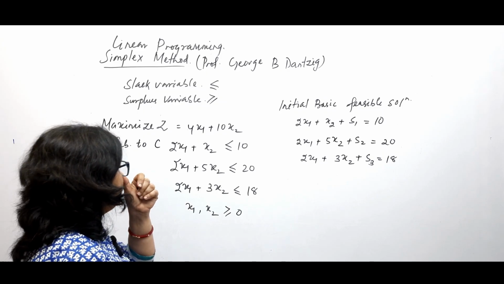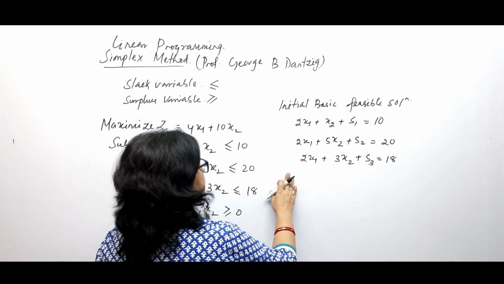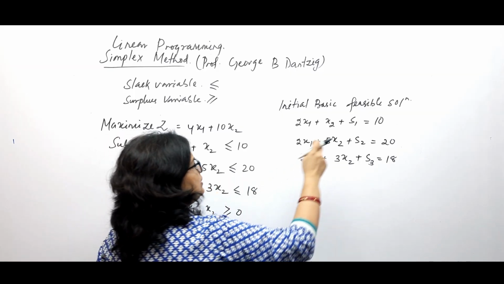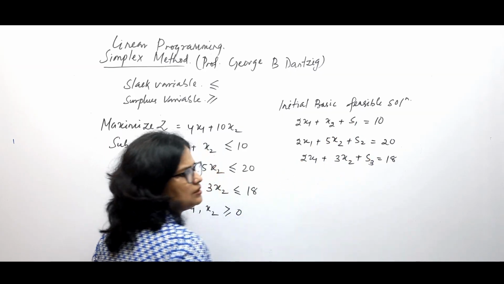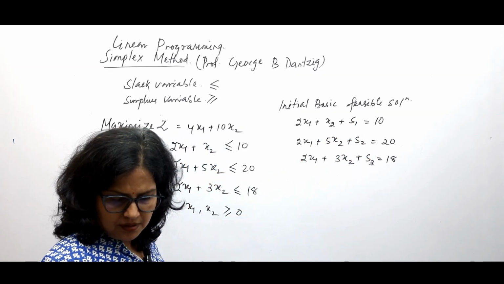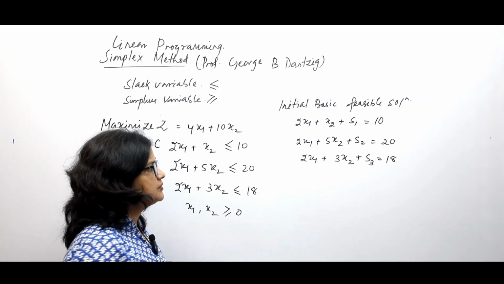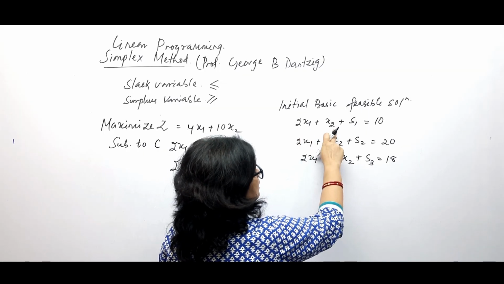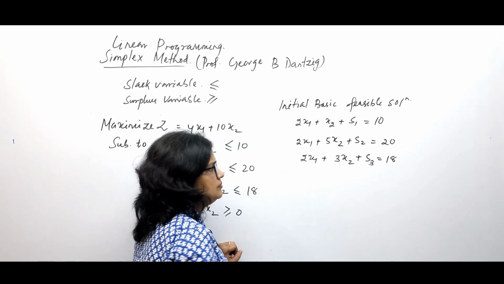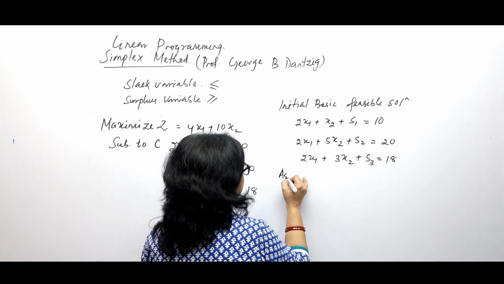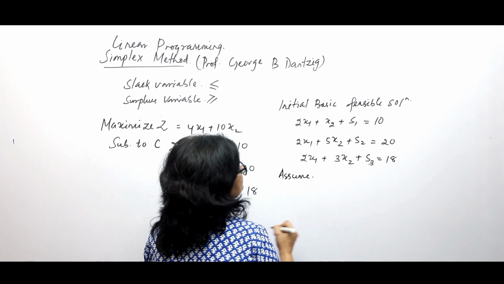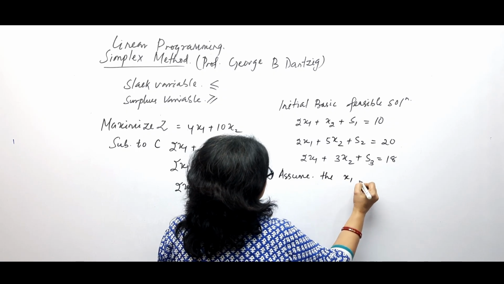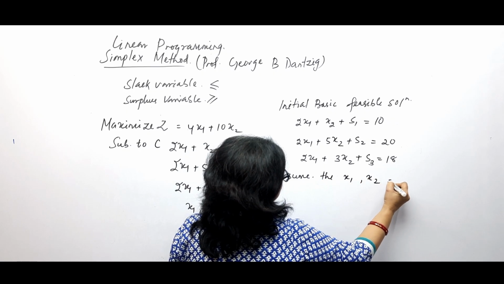Then what is our next step? What we have taken here, s1, s2 and s3, are called the basic variables. So what are the non-basic variables? The non-basic variables are x1 and x2. Assume the non-basic variables x1 and x2 equal to 0.